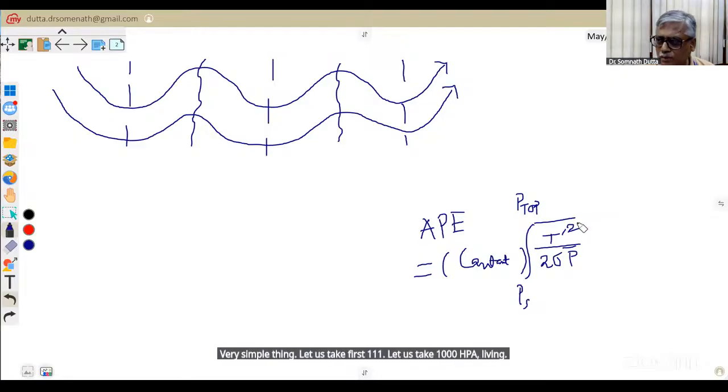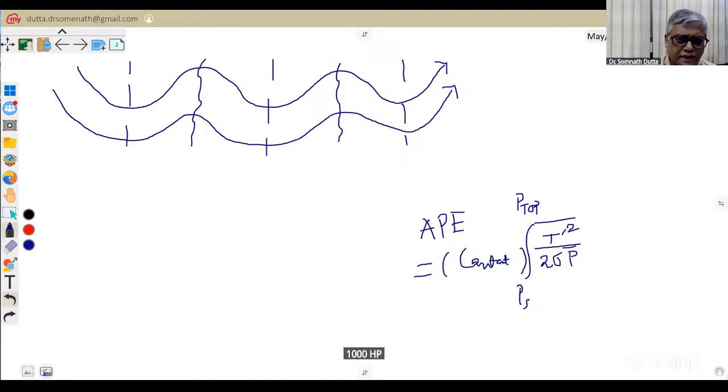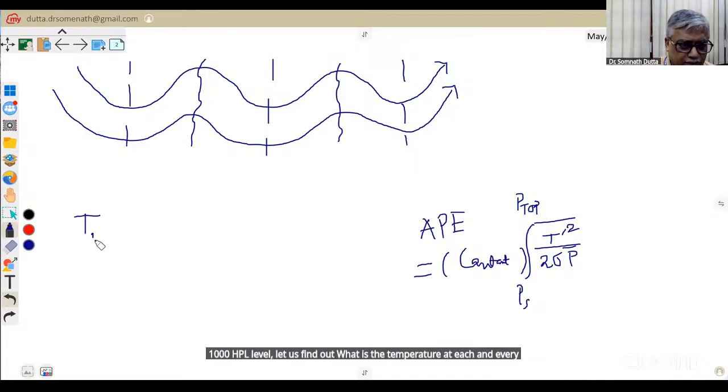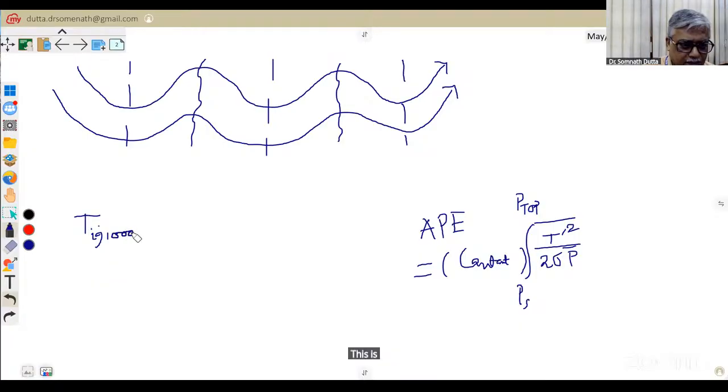At the 1000 hPa level, let us find out what is the temperature at each and every grid point. So let me say this is equal to T_ij at 1000. This is the temperature at the ijth point at the 1000 hPa level.